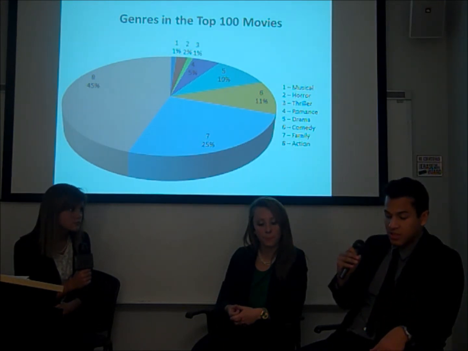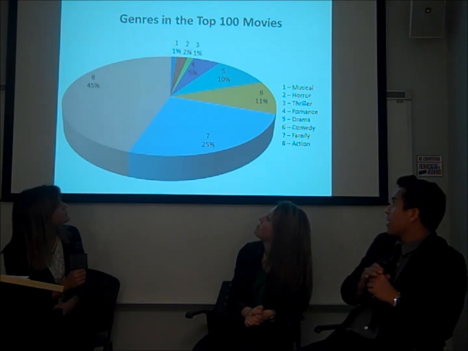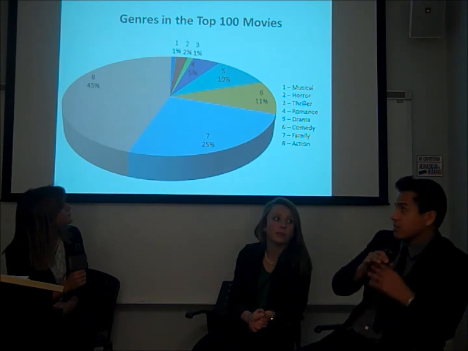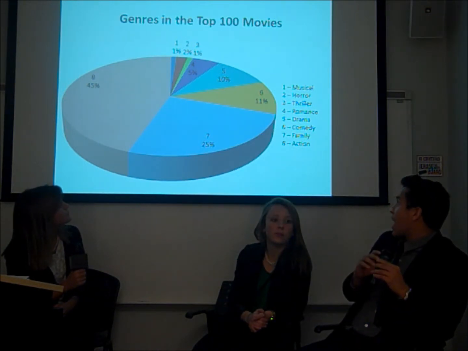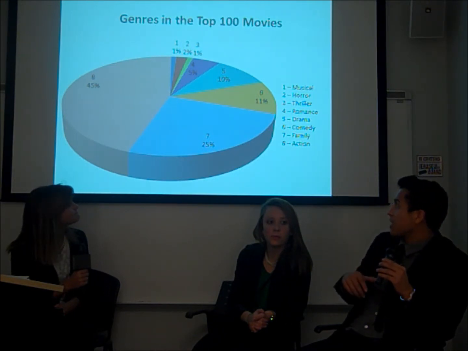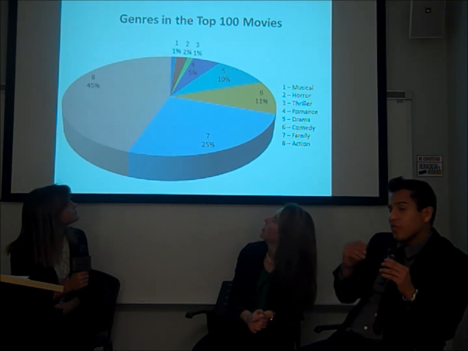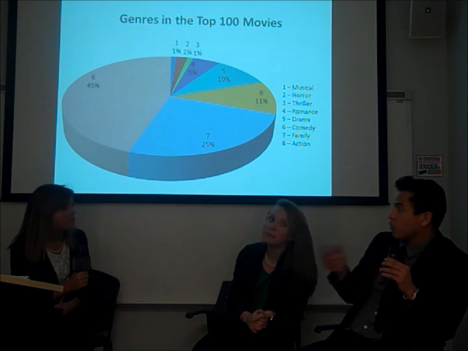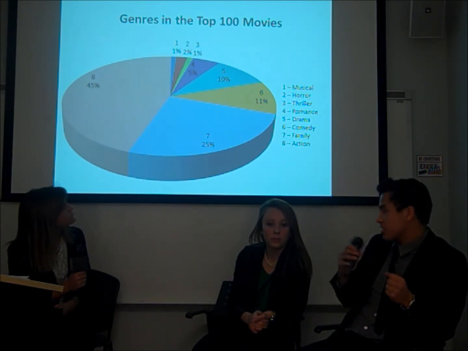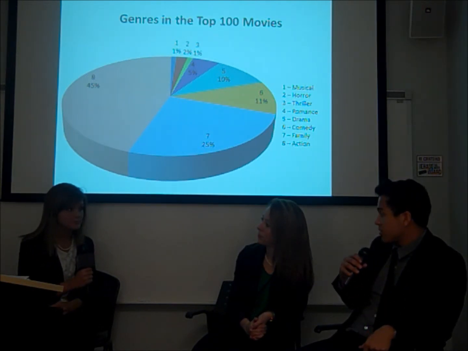As we could see, this categorizes our data in a predictive way, and we can determine that action movies, which are represented as number 8 in our slide, have the largest ratio of success, followed by family movies and comedy movies, and the least successful movies would include the musicals, the horrors, and the thrillers. And this could definitely provide a lot of insight for the production companies.